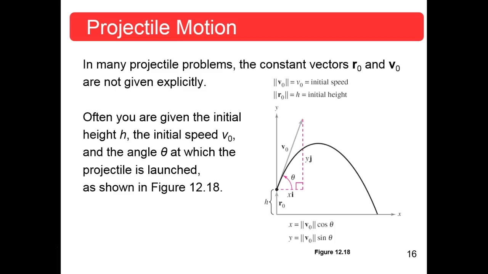And then with this given, your x i, y j, x would be the magnitude of this times the cosine of this angle, so the speed times the cosine of theta, and the magnitude of this times the sine will give you your y value. You're probably familiar with this too from physics, right? And from trigonometry.